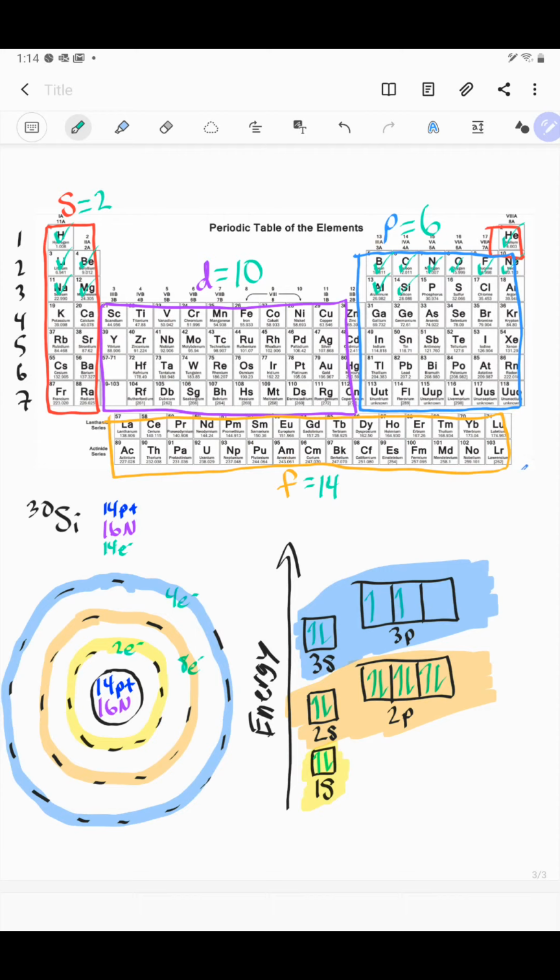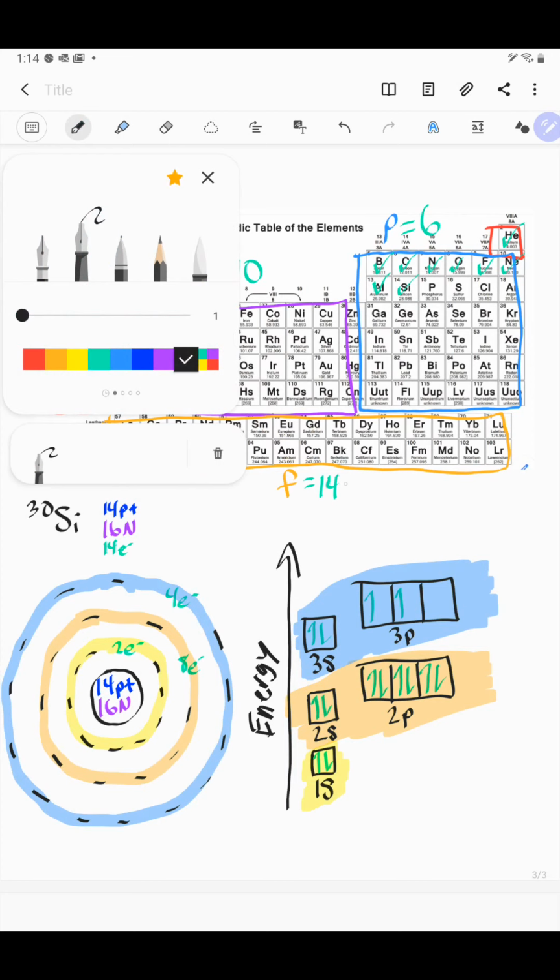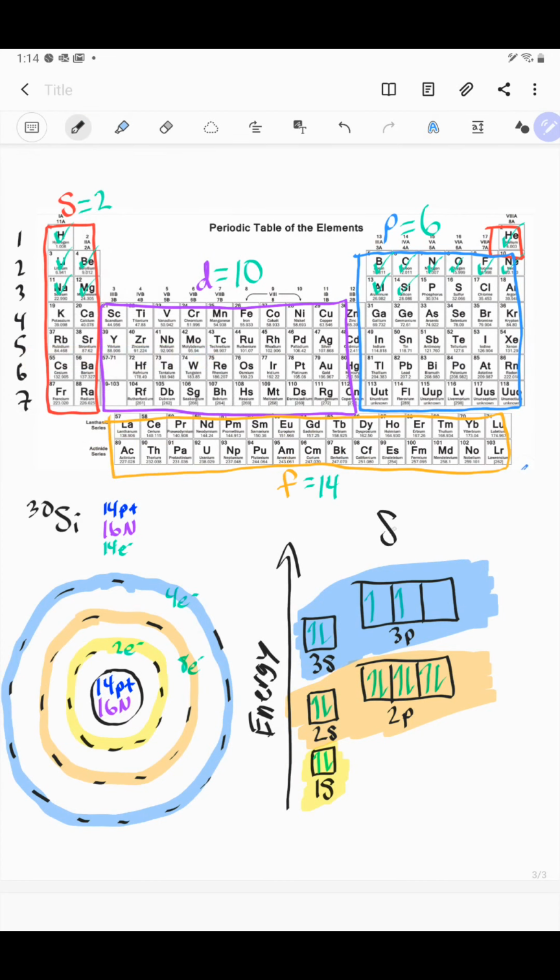Because every uncharged atom has the same number of electrons as it has protons, we can know that this is silicon by just knowing the number of electrons. By just seeing the number of arrows drawn, we know this is silicon.